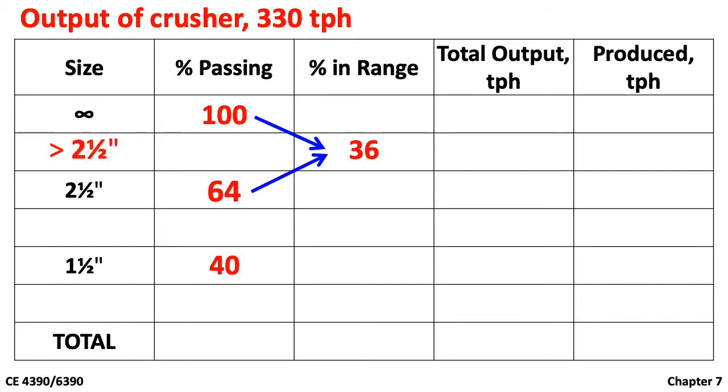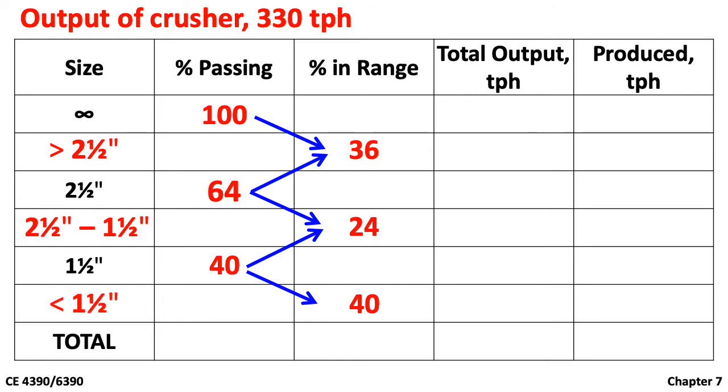If you repeat this process, 64 minus 40, you get 24% for material size between 2.5 and 1.5. Finally, 40% is the percent passing 1.5 inches, so it is the percent of material smaller than 1.5. If you add the percents in this column, it must equal 100. If it is different from 100, you need to check your calculation.